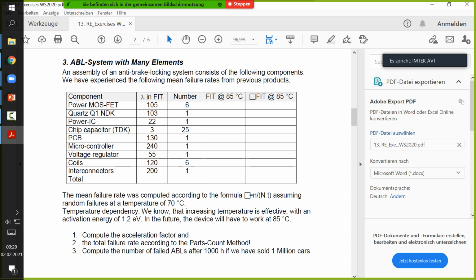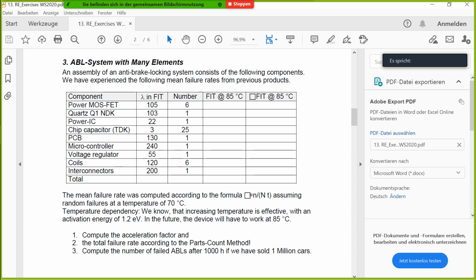So all of these data have been gathered at 70 degrees centigrade. Do you have an idea how to solve this?